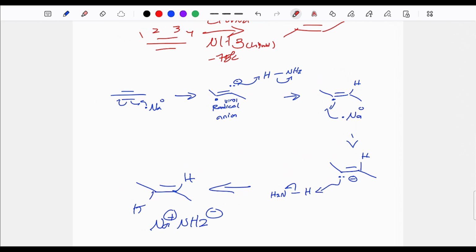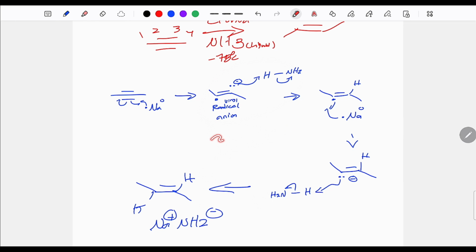Again, I do want to point out, once we get here to this neutral vinyl radical, the trans stereochemistry is established because the less hindered trans vinyl anion is formed from the vinylic radical.